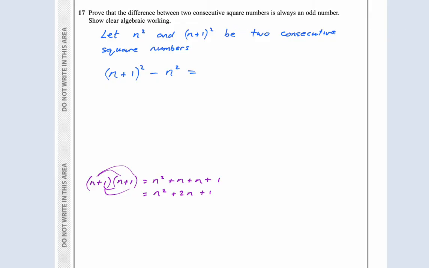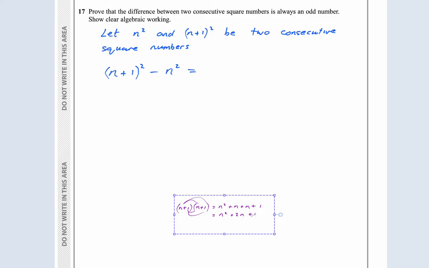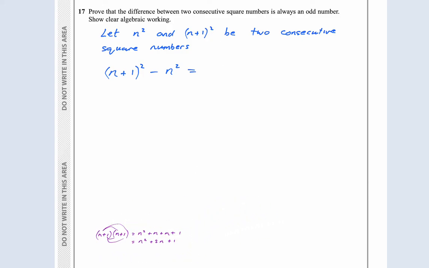So I'm going to just move that over here, out of the way. So this becomes n squared plus 2n plus 1 minus n squared. Now n squared plus 2n plus 1 minus n squared, these cancel. The n squareds cancel because it's n squared minus n squared.